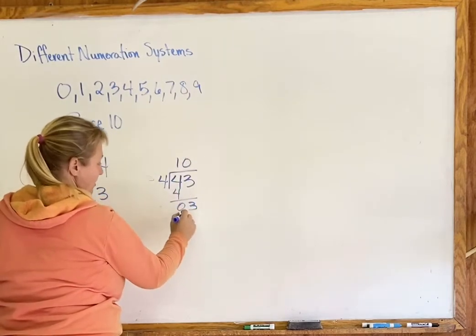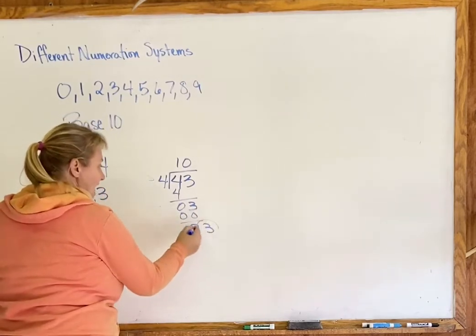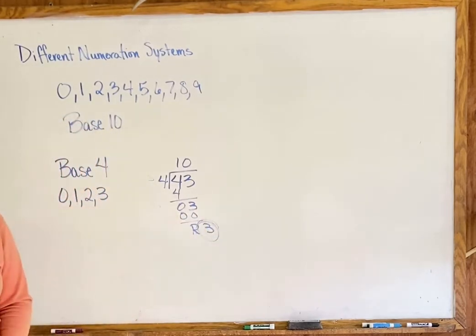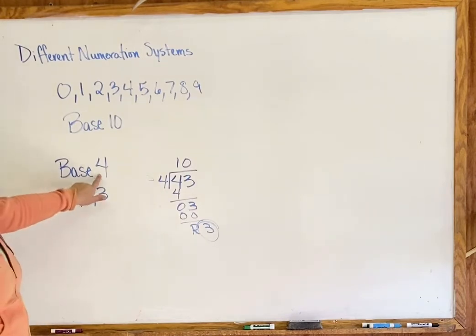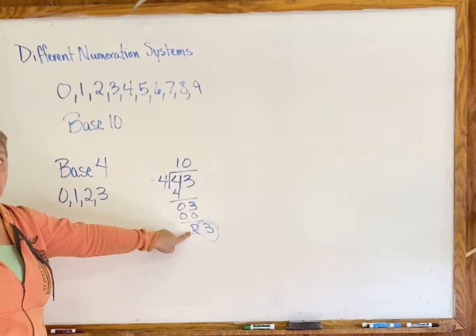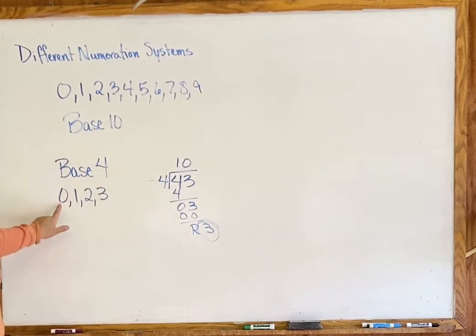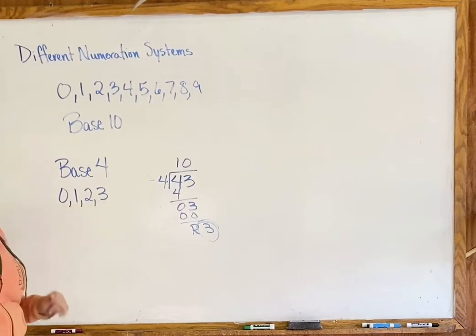It goes in there 0 times, and that leaves us with a remainder of 3. This is what we're focusing on. When you look at base 4, the different remainders you can get when you divide, with long division, not in your calculator, are 0, 1, 2, or 3. These are the remainders that are popping out.